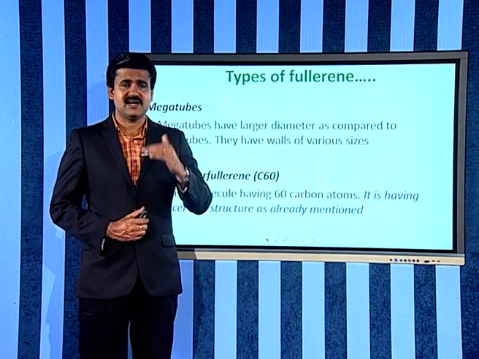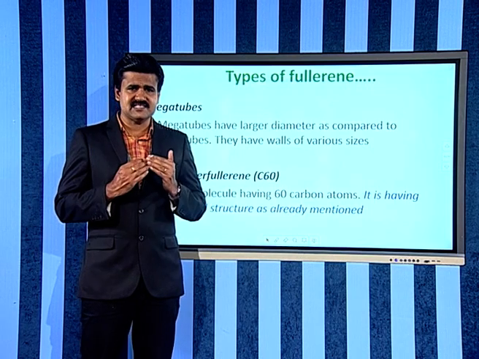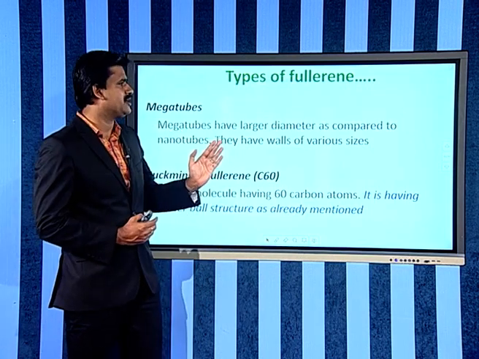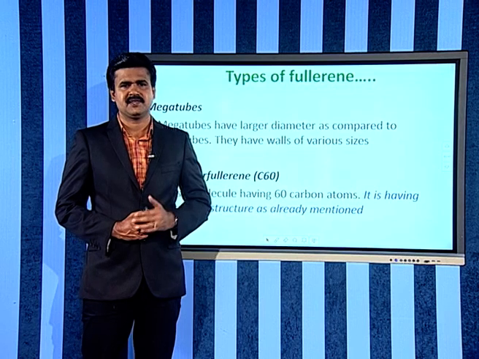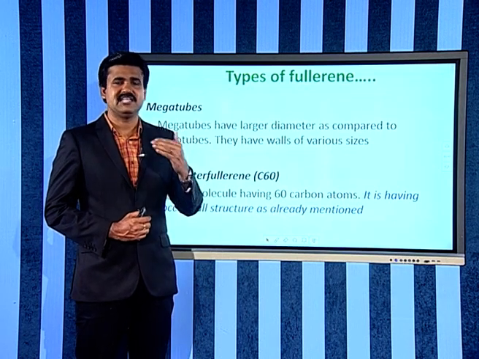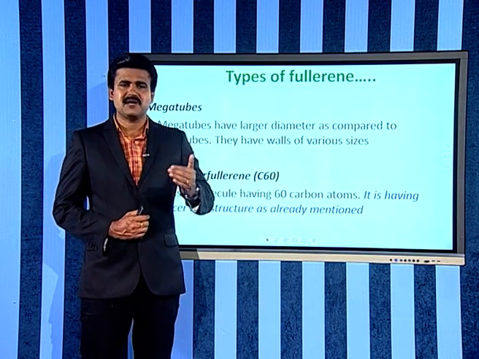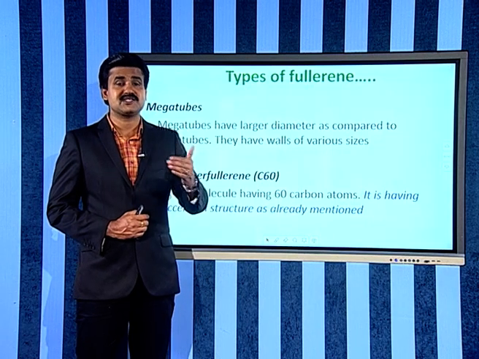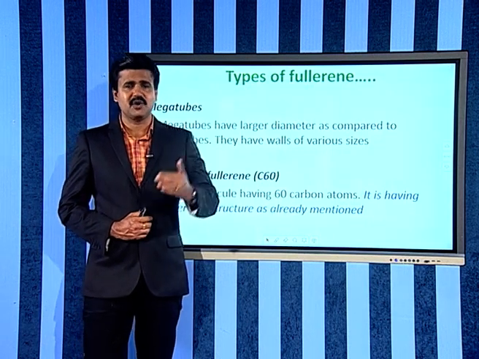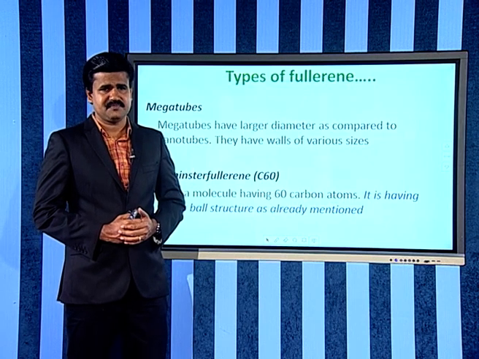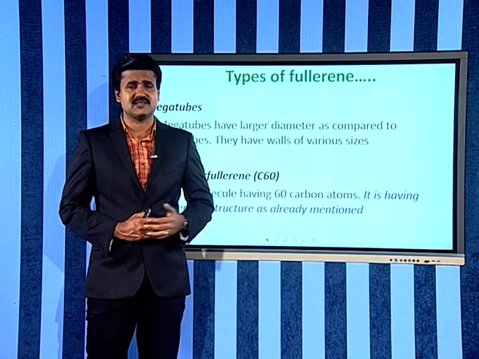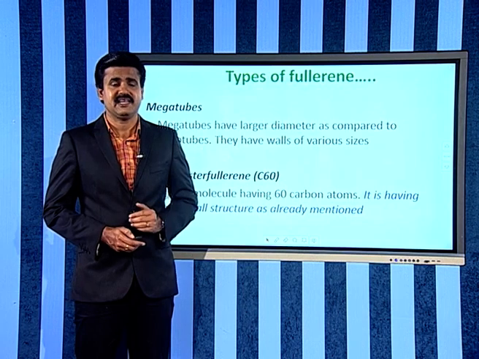Megatubes. Megatubes have larger diameter as compared to nanotubes. They have walls of different size. Buckminsterfullerene C60, the most common form, is a molecule having 60 carbon atoms. It has a soccer ball or football structure as we discussed earlier.